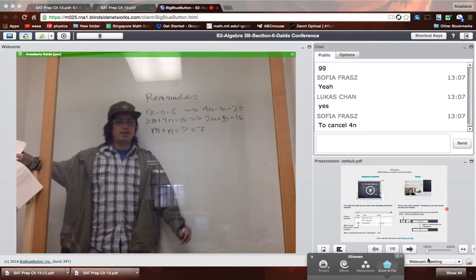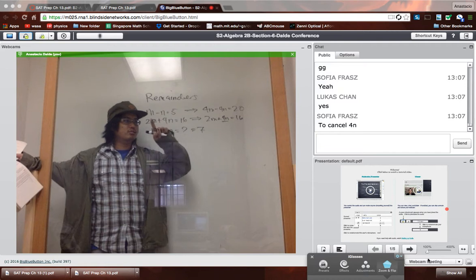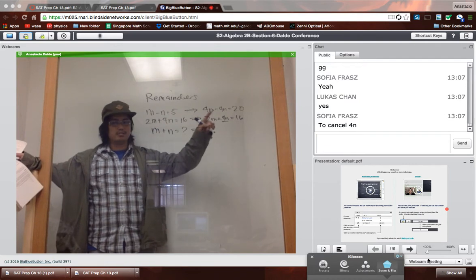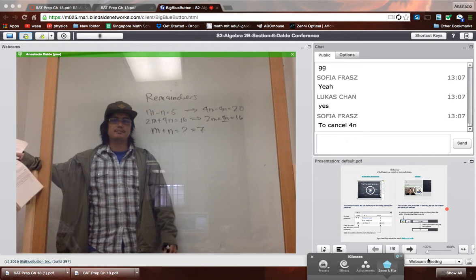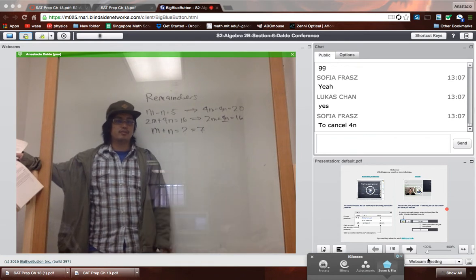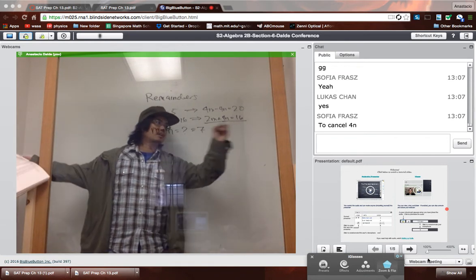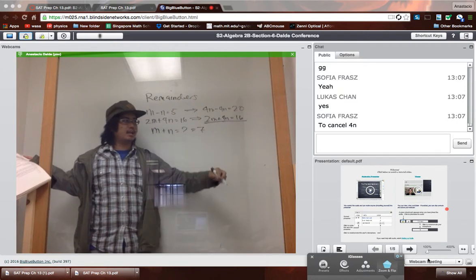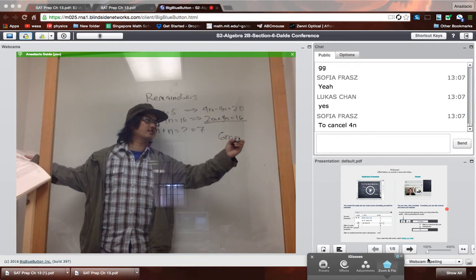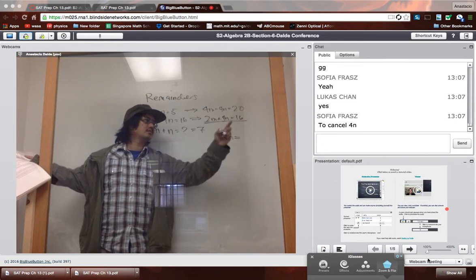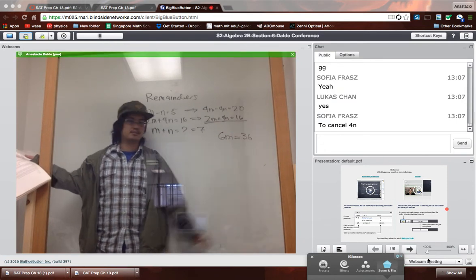I could have multiplied the top by -2, and then I would be able to kill the m's right off the bat. It doesn't really matter which one you go for first, as long as you get both of these things. If I add these straight up and down, this becomes 6m equals 36.